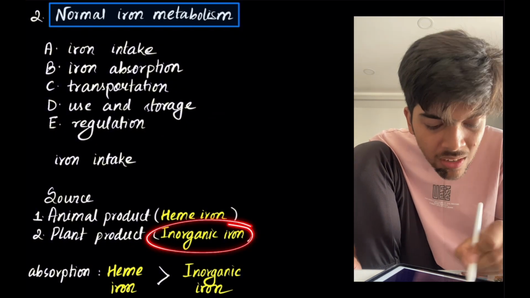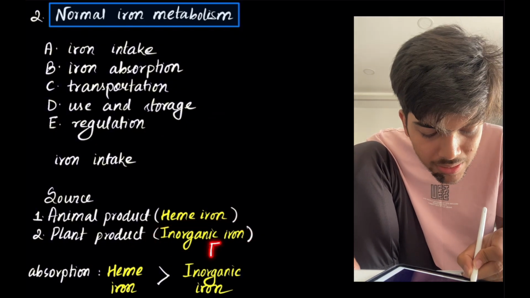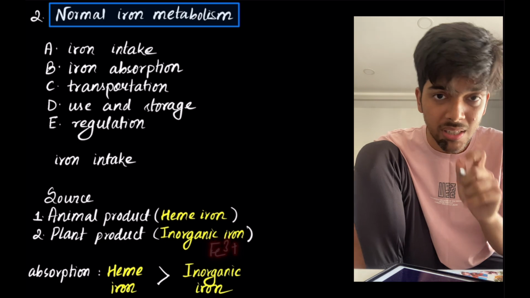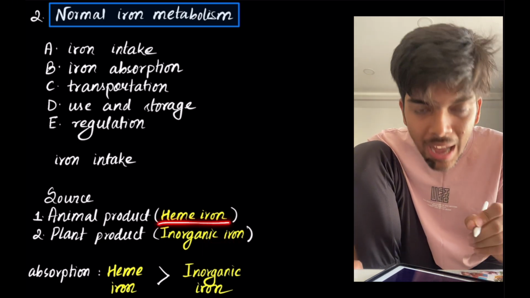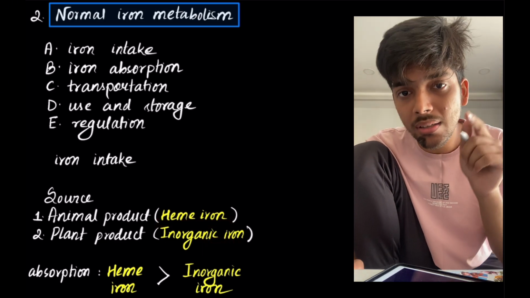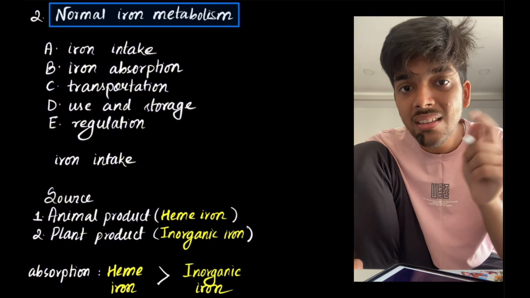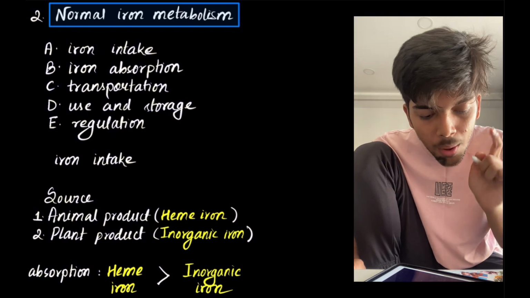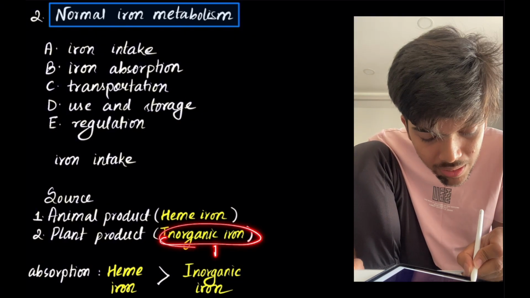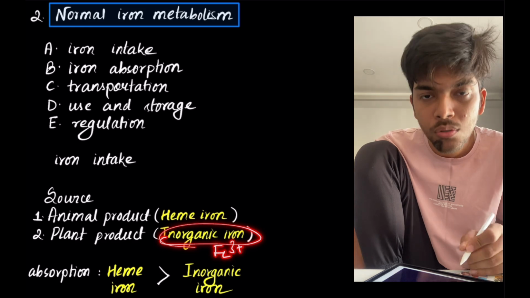However, inorganic iron is present in ferric form. This is important. Remember, heme iron is directly absorbed inside the enterocyte, inside the cell lining your duodenum, but inorganic iron is present in ferric form. So what?